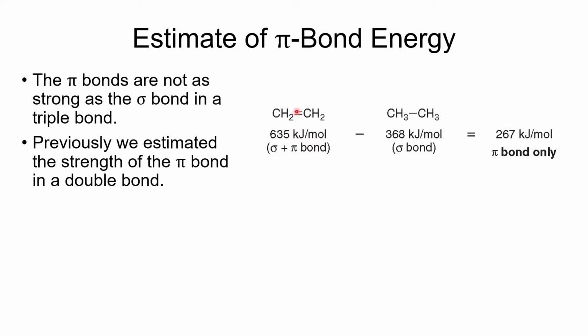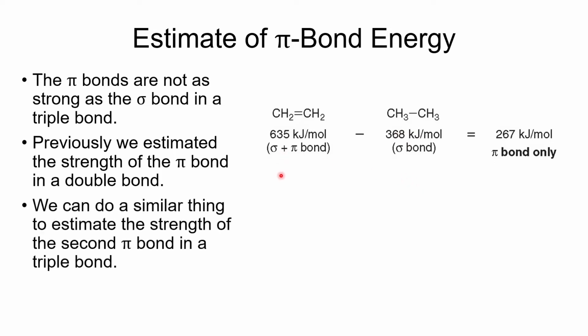So if we take the strength of the carbon-carbon double bond, which is 635 kilojoules per mole, and subtract the strength of a carbon-carbon single bond in ethane, we got 267 kilojoules per mole. And that is a good approximation of what the pi bond strength is. And that indicates to us that the pi bond is somewhat weaker than our sigma bond.